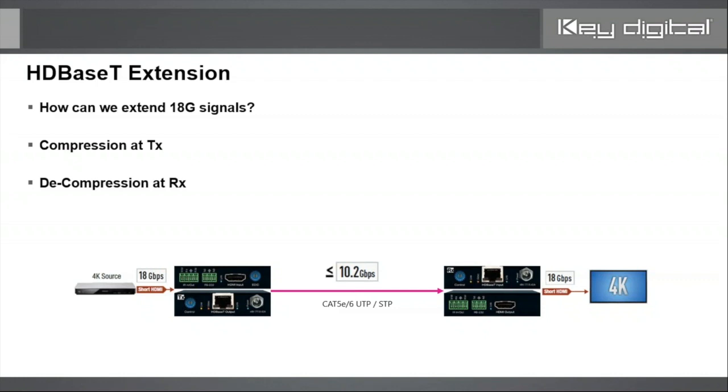So the display is going to see 4K, HDR, 444, etc. And it is what is called a VLC, visually lossless compression, that is applied. So this is the solution for extending 18G signals on HDBaseT.